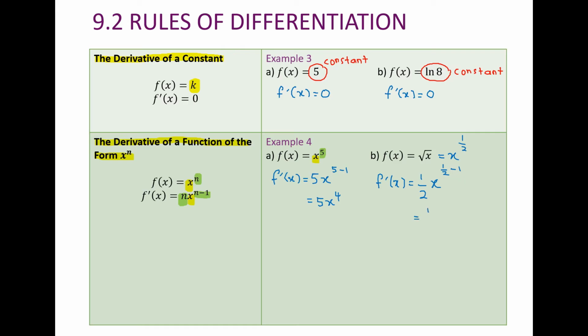So you will get 1 over 2 x to the power of negative 1 over 2. Do not forget that we must not have negative power. So this is also actually 1 over 2 times 1 over square root of x. Hence, the final answer is 1 over 2 square root of x.